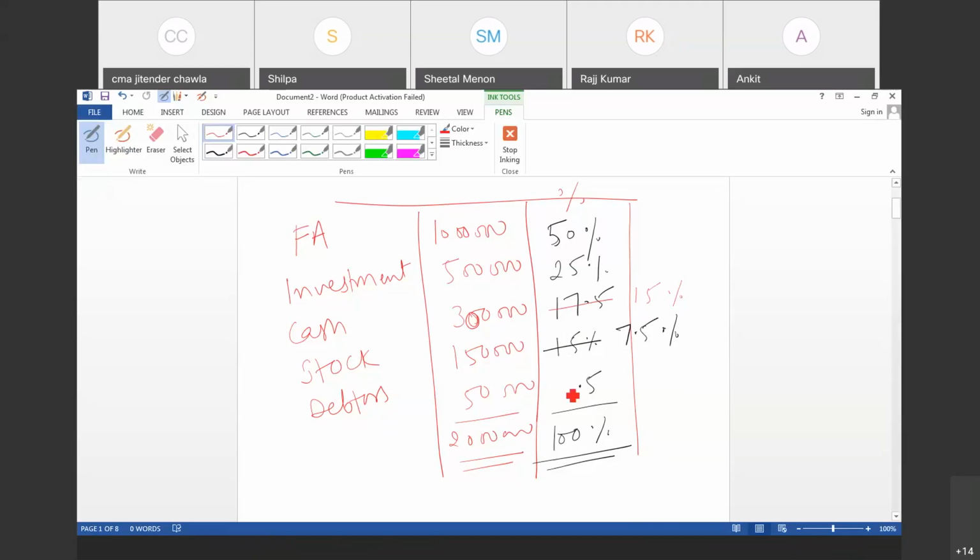This is 2.5%, right. So this is what statement? It is common size statement. This is common size statement, right.